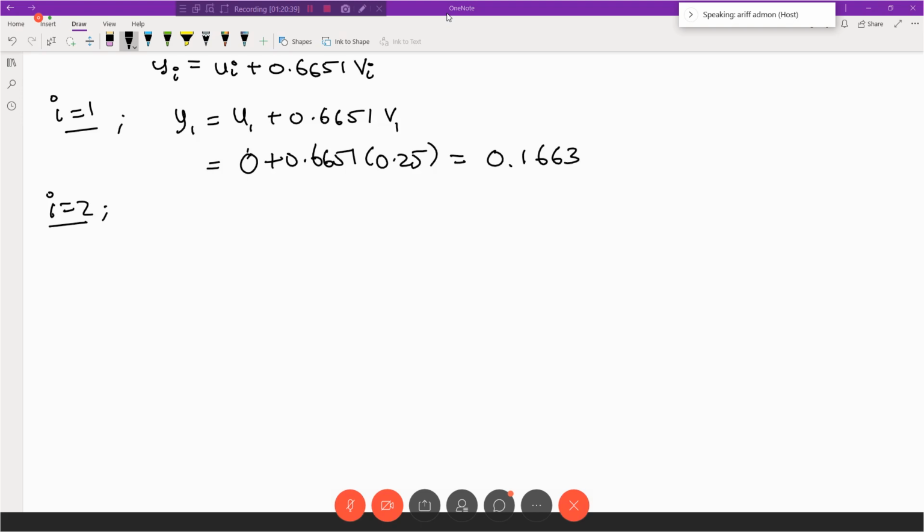So y2, what is the value of u2? u2 is 0, isn't it? 0.6651, and v2? 0.5. Okay, and your answer? 0.3326. Continue for i3.